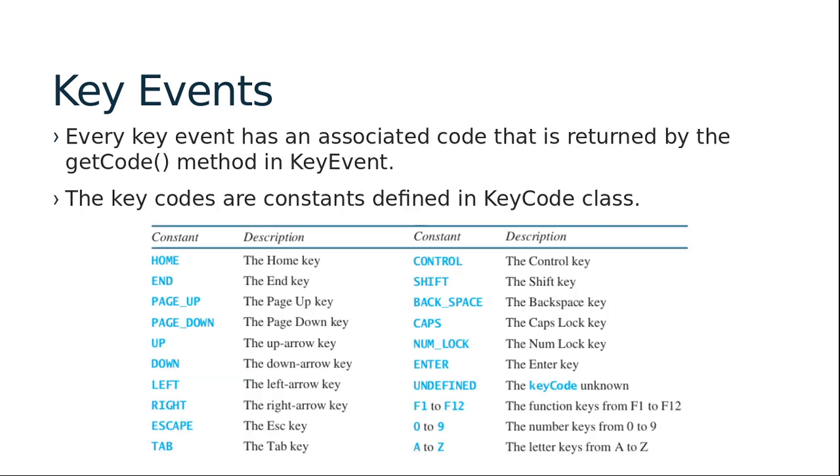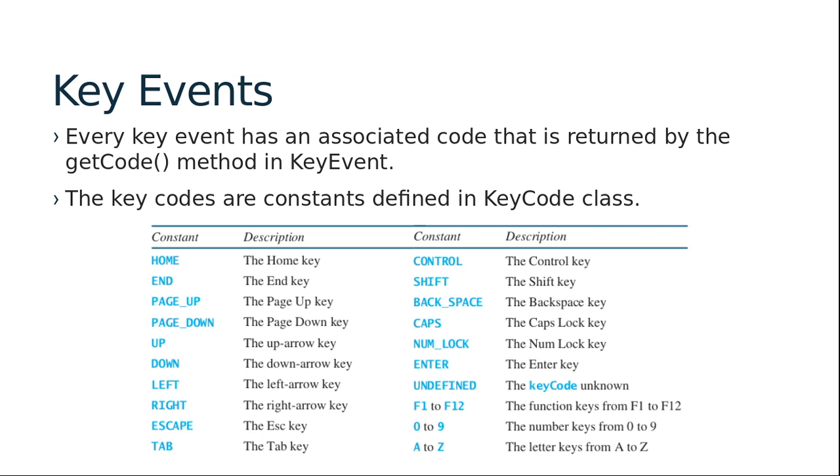Okay, so let's have a look at the key codes. Your home key has a constant HOME. Look at this table, blue color, the first column is the constant, and on the right side it describes it. So your home key has a home constant, end key has an end constant, page up key has a page underscore up constant, and so on.